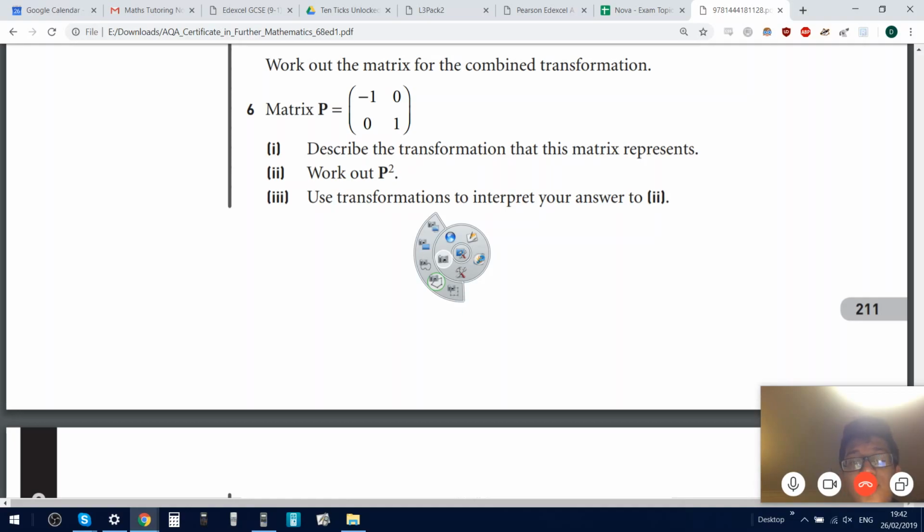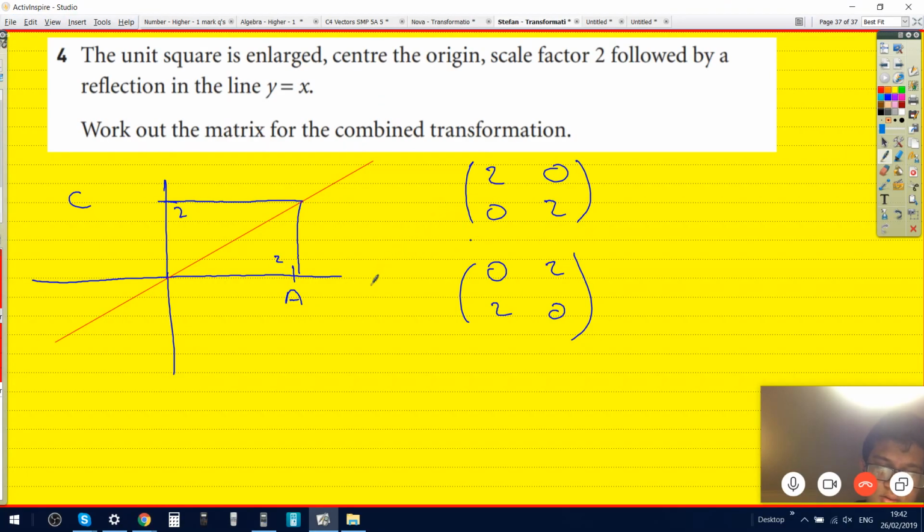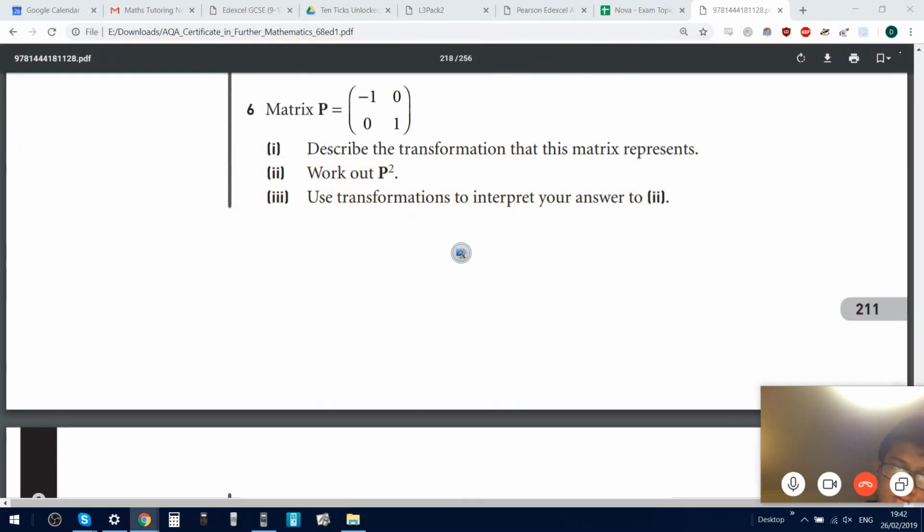So that's another reflection in the y-axis. Yes. So use that to make sense of the answer. Yeah. So you reflect in the y-axis twice. So reflect in the y-axis, reflect back in the y-axis, and so it just returned to where it began.